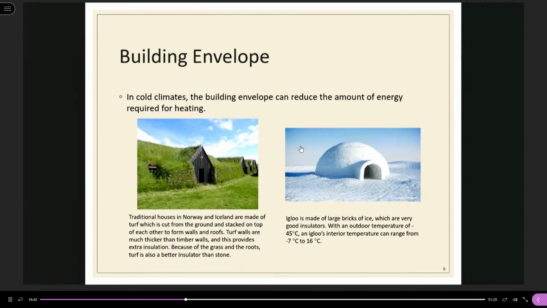Inside it is a house, and it is covered by the grass, the mud, the soil, and these turf walls are much thicker than timber walls. So this provides extra insulation. So on top of the timber, they stack this kind of turf to provide extra insulation. Okay.